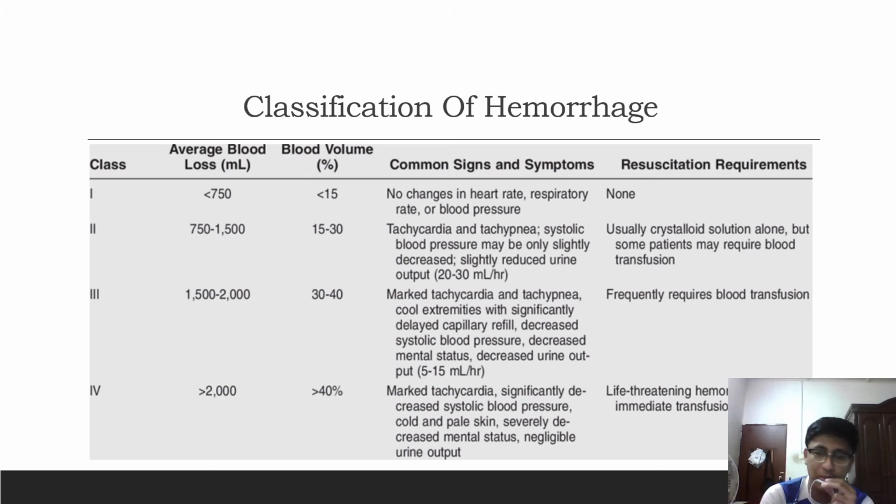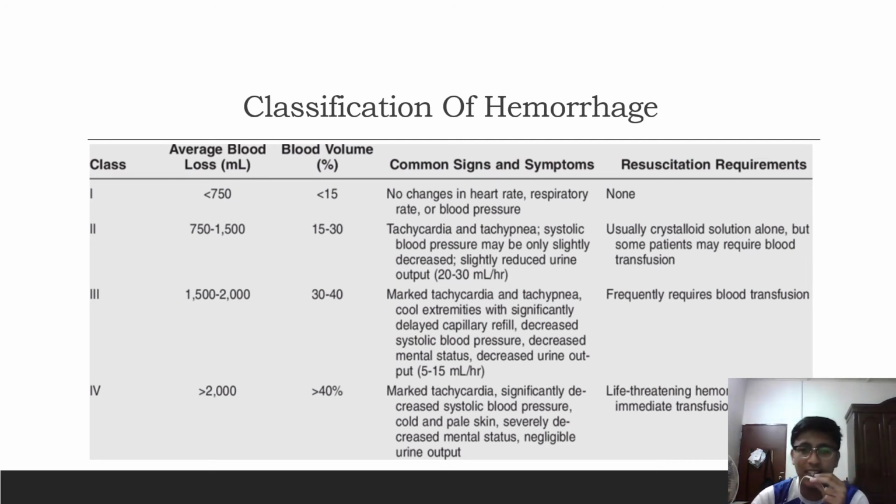Systolic blood pressure may be only slightly decreased, with slightly reduced urine output, around 20 to 30 ml per hour. The resuscitation requirement is usually crystalloid solution alone, but some patients may require blood transfusion. For class 3 and class 4, frequently requires blood transfusion.